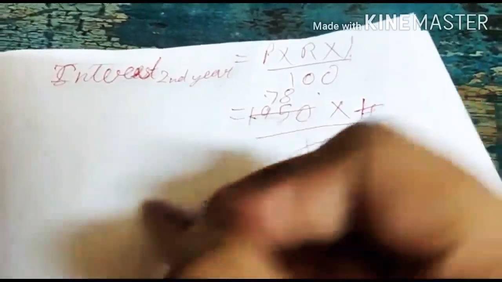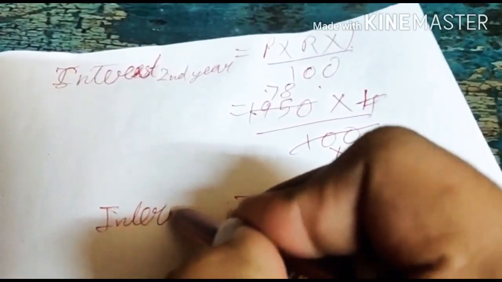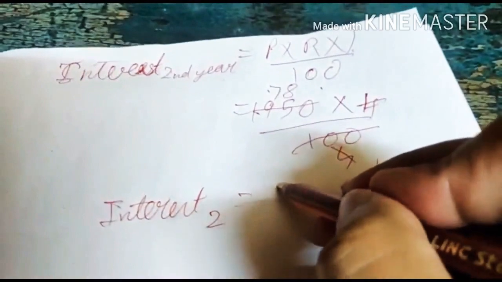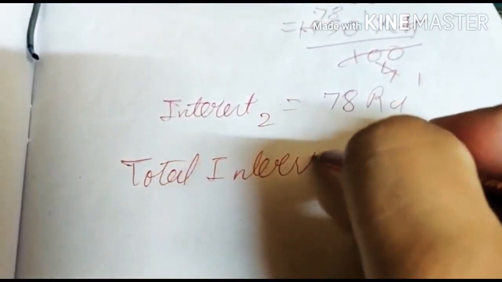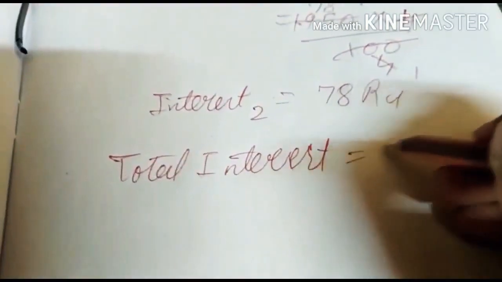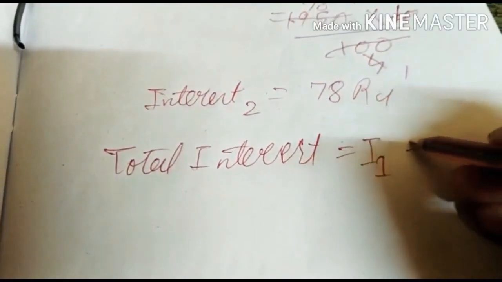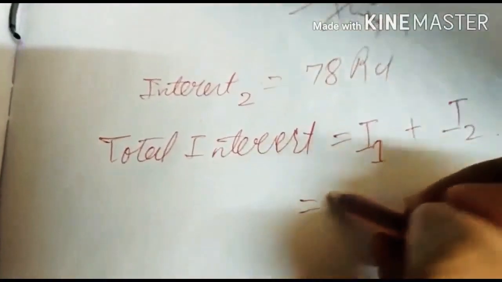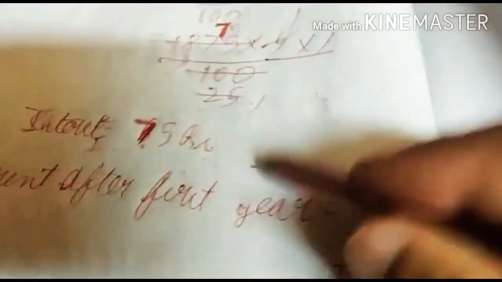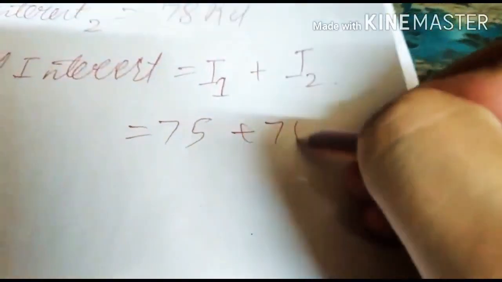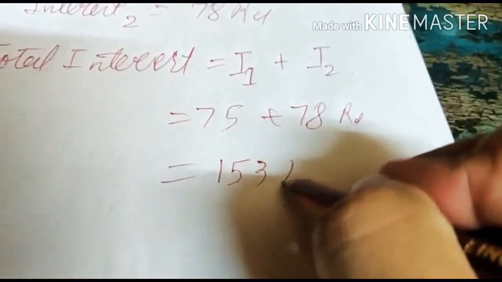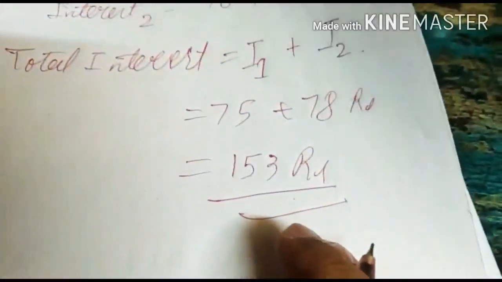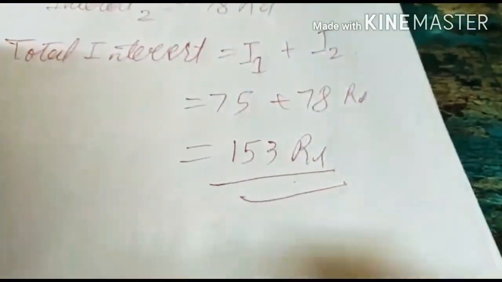So interest 2 will be 78 rupees. So total interest will be interest 1 plus interest 2. Interest 1 is 75 rupees, interest 2 is 78 rupees. So this will be 153 rupees, the total interest charged to that lady in 2 years.